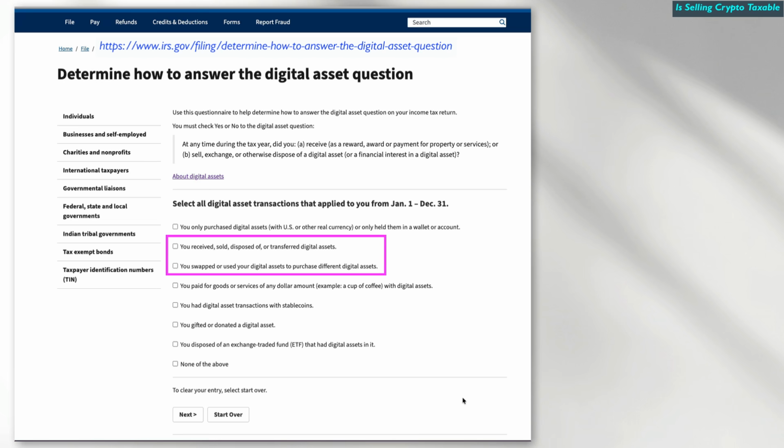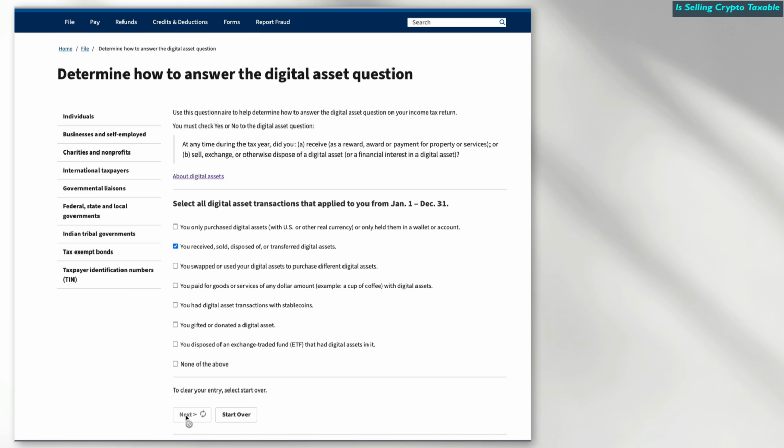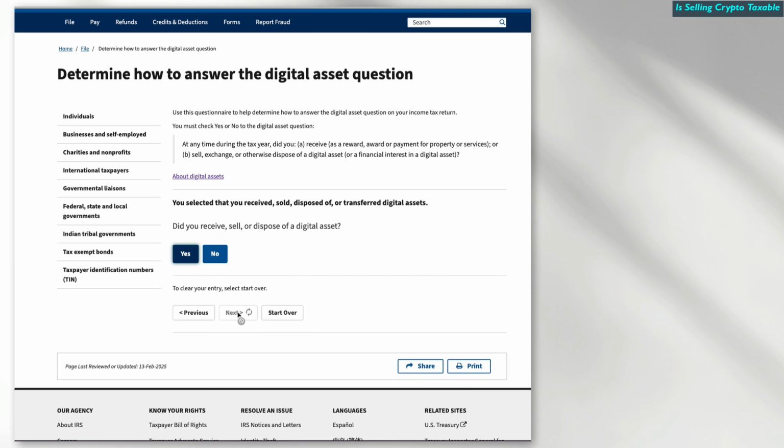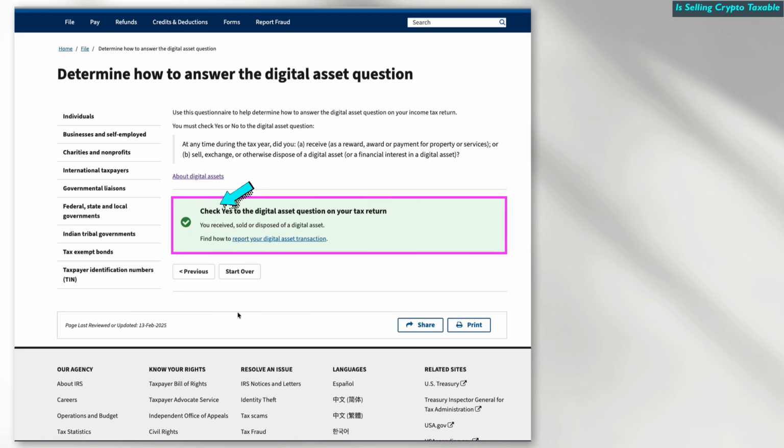If we double-check using the IRS Interactive Tax Assistant and select the option for receiving, selling, disposing of, or transferring of digital asset, we get the same result. We need to mark yes to the digital asset question on the 1040.